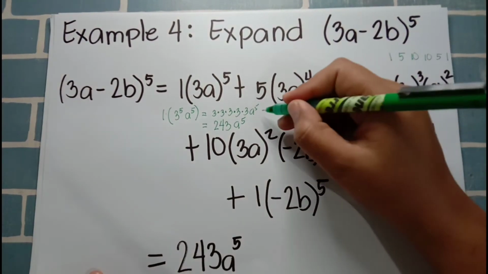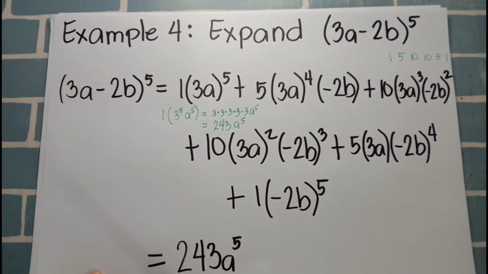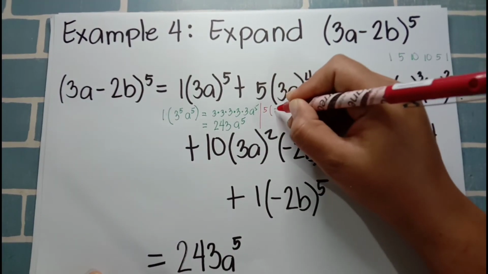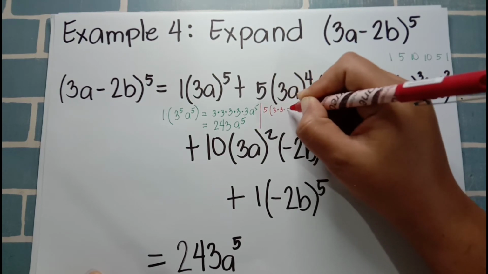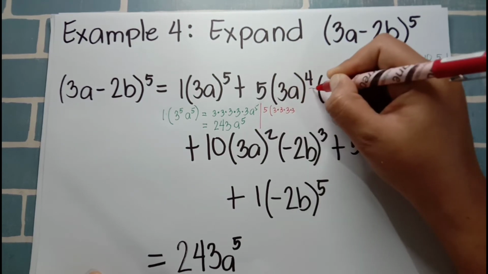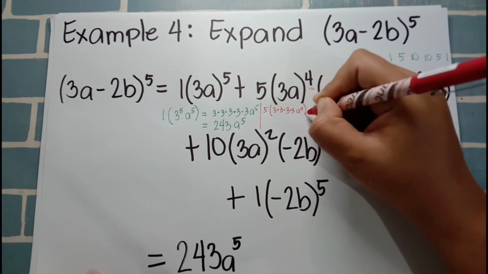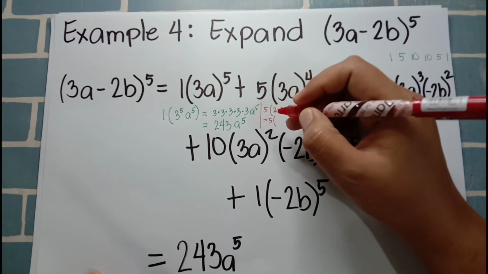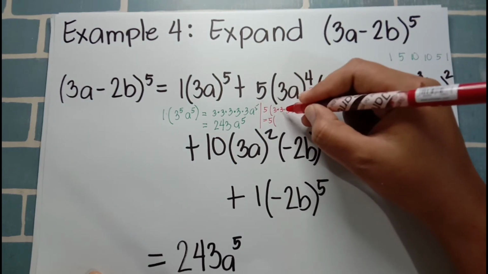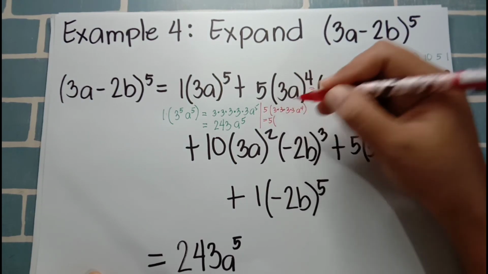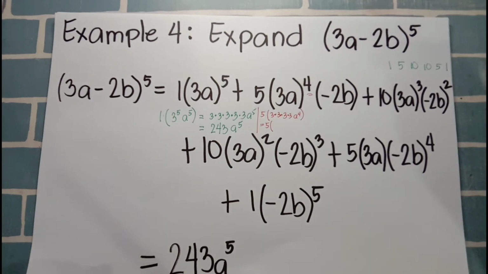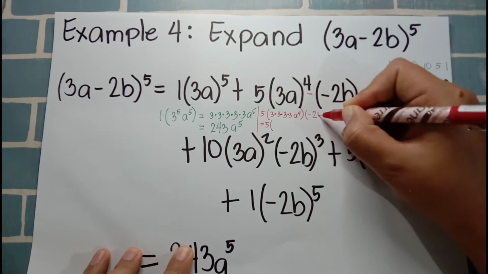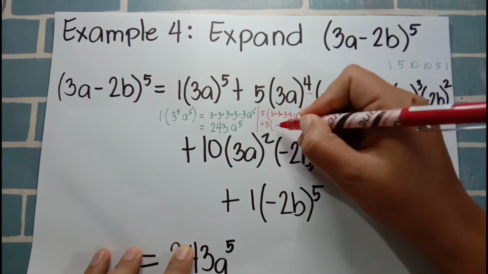Next, five times 3 raised to 4, meaning 3 times 3 times 3 times 3, a to the 4th power, and 3 raised to 4 is 3 times 3 is 9, times 3 is 27, times 3 is 81, times, meron pa pala siyang negative, times negative 2b.